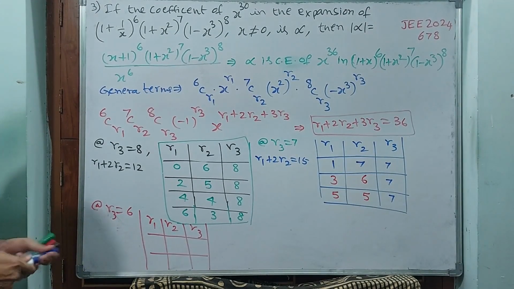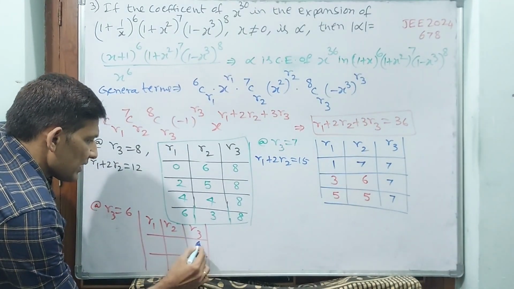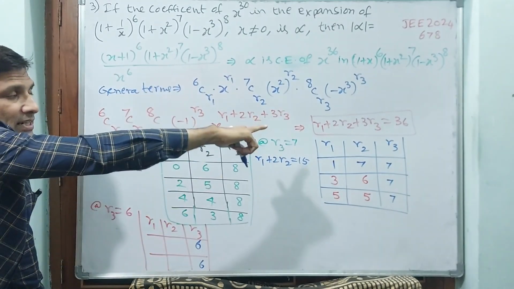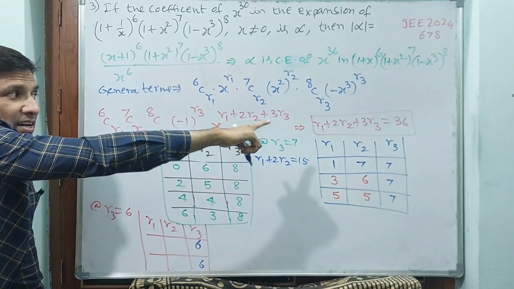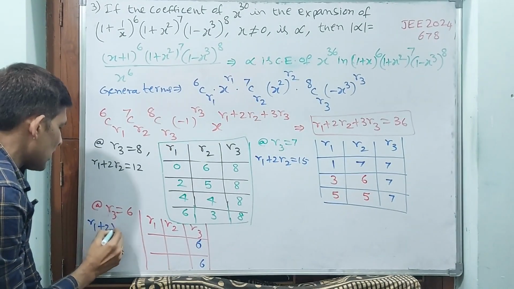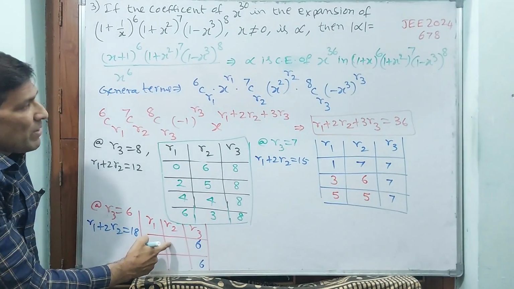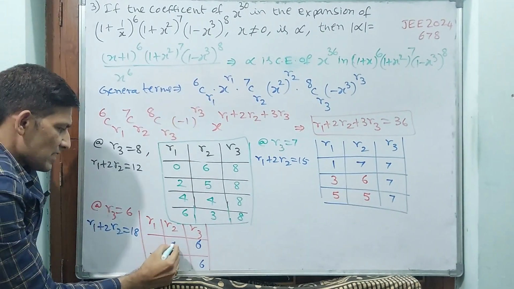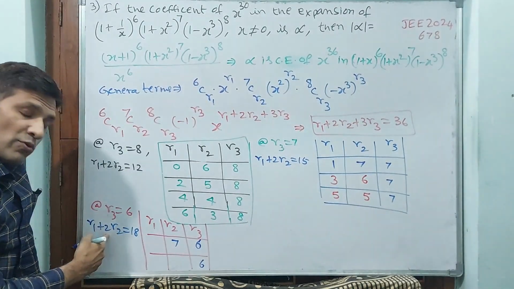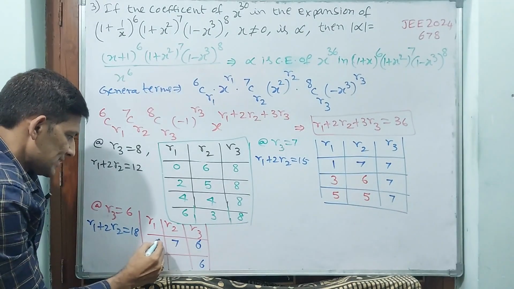Now what will happen here? R3 I am taking 6, 6 I have written already. If I take 6, 3 sixes are 18. 36 minus 18 is 18. That means R1 plus 2R2 should become 18. Now R2 maximum how much you can take? 7. First write 7. 7 into 2 is 14, 14 plus 4.